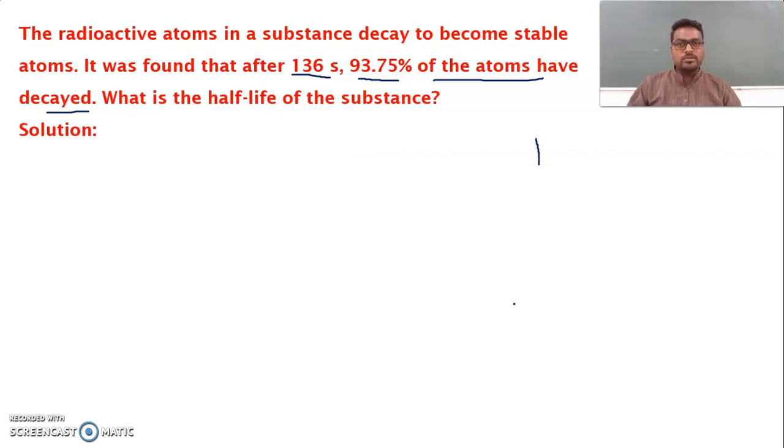So let us consider the radioactive process, in which the radioactive process is started. Before, the amount of radioactive substance is 100%. Exactly after 136 seconds, the amount of radioactive substance decayed is 93.75%.